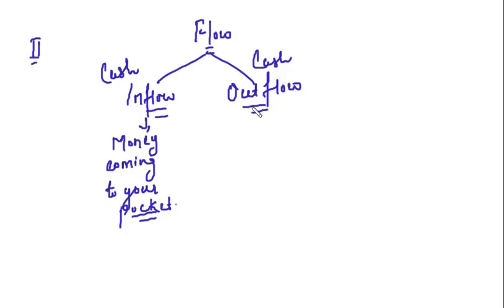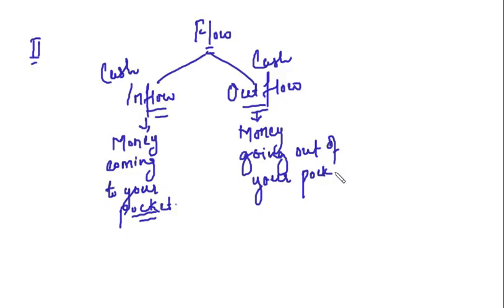Remember this, okay? Outflow is any money going out of your pocket. Clear? Remember this word pocket, right? You will ask me why, but I will tell you later on. Right?